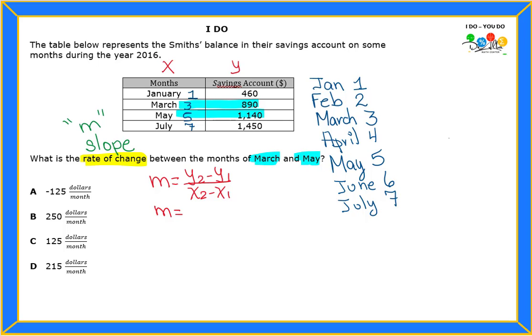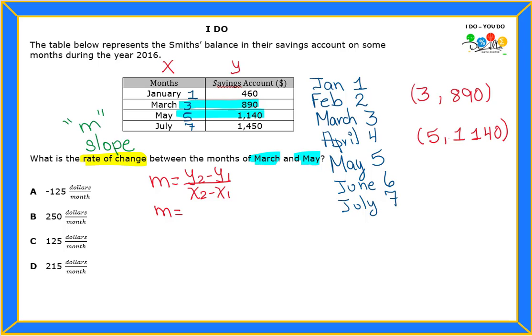So I'm going to rewrite the points just because I want to make sure I can put labels, remember? So my first will be 3 and 890. Then it will be 5 and 1,140.